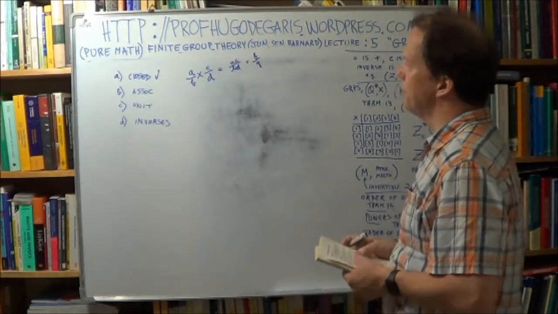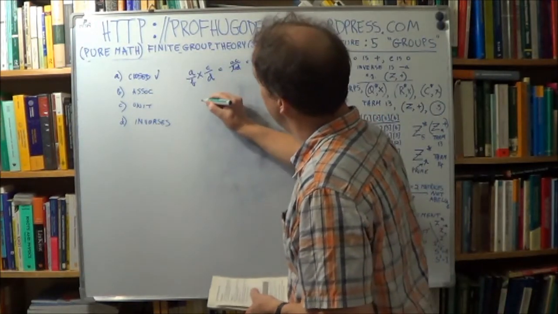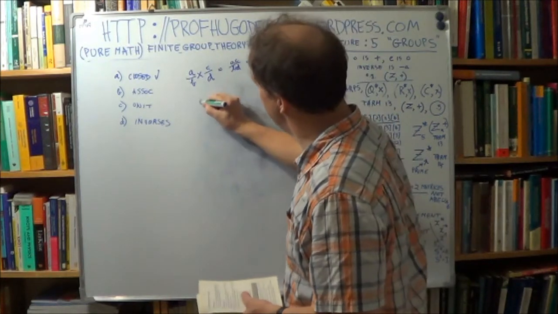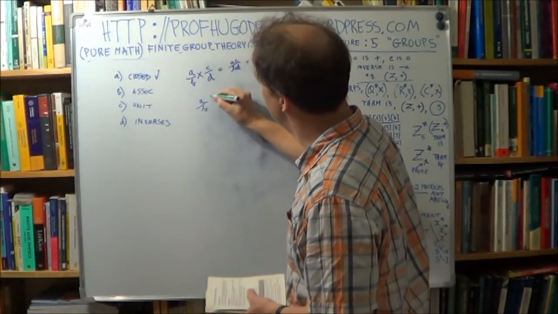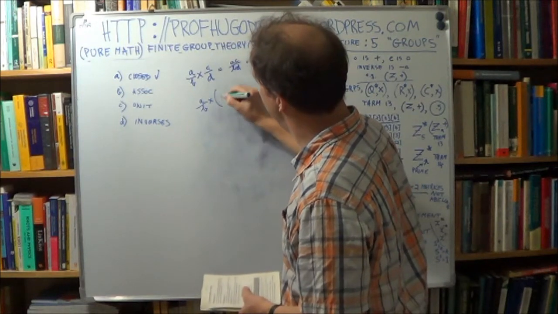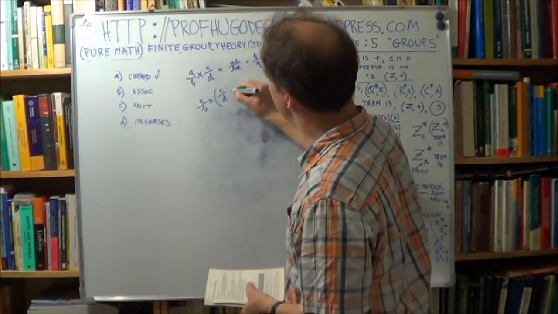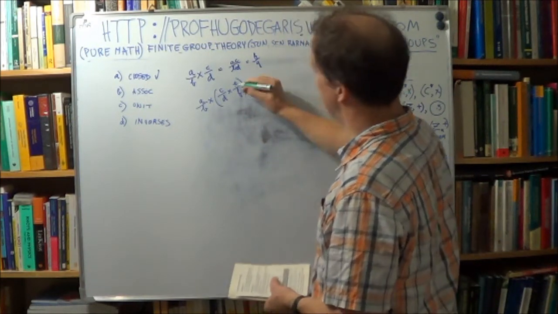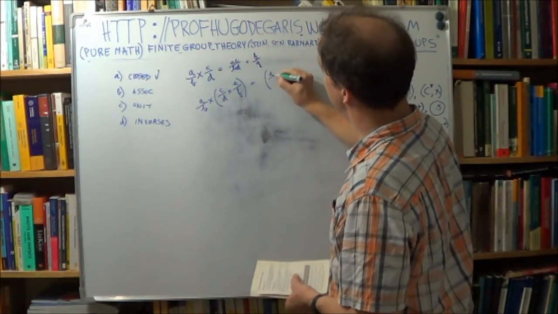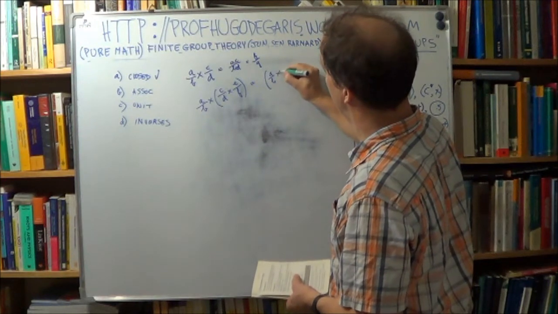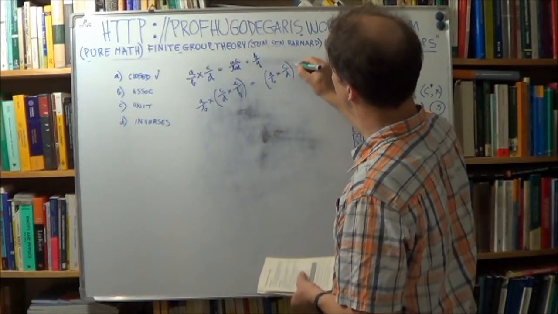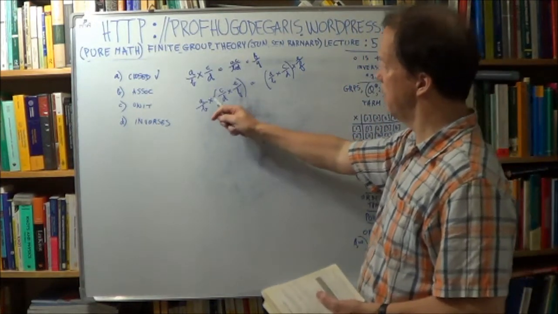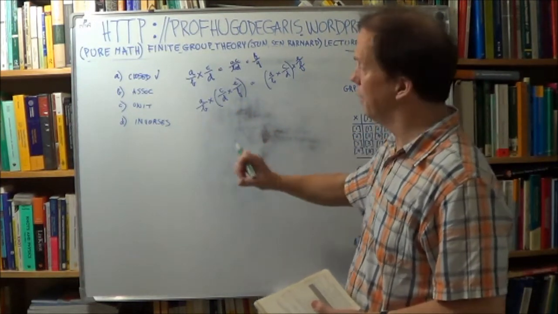Okay, now associative. Well, numbers, just ordinary numbers, are associative. So here, watch, A over B, C over D, E over F. That will be the same as the other grouping. Okay. Now numbers are associative.